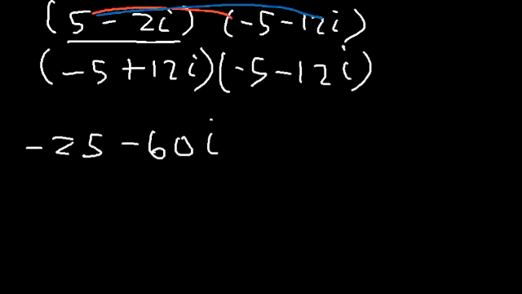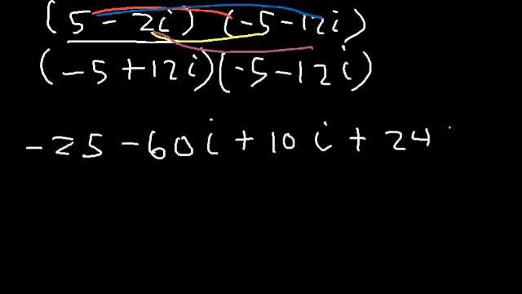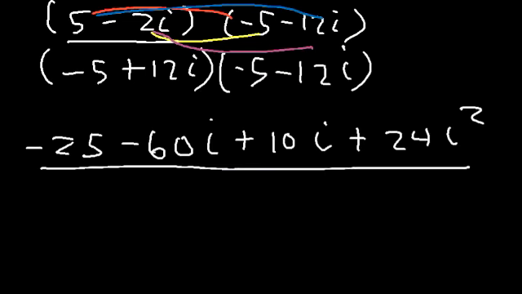And negative 2i times negative 5 is positive 10i. And finally, negative 2i times negative 12i is positive 24i squared. So hopefully I didn't miss any negative signs. It's very easy to make a mistake. Things happen. But I'm just double checking my work. So everything looks good so far.